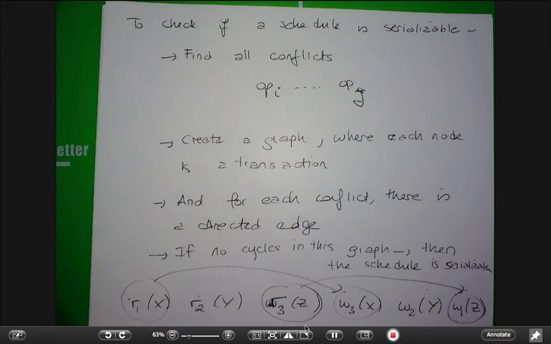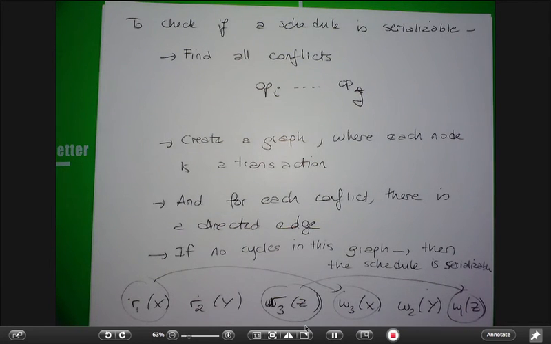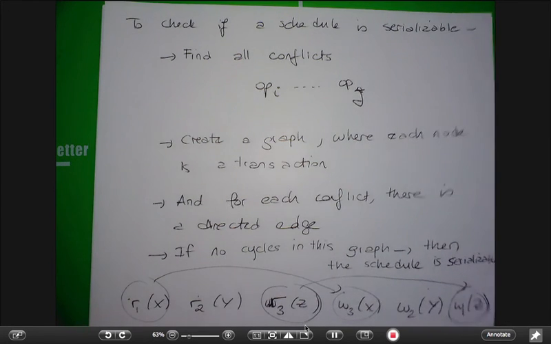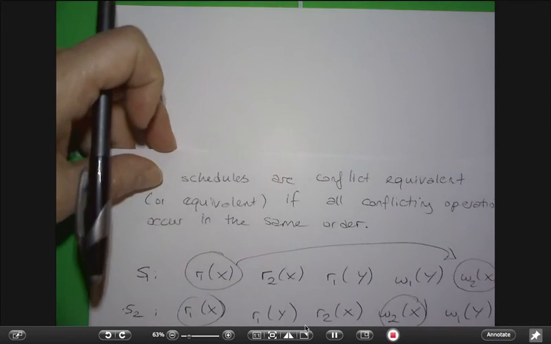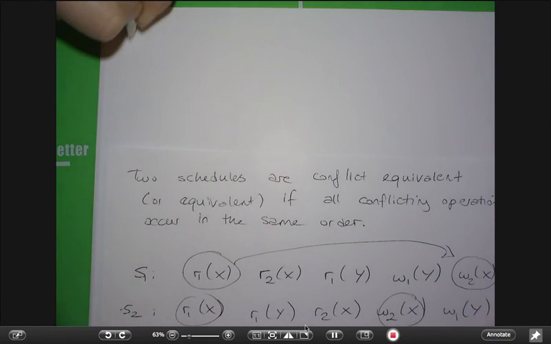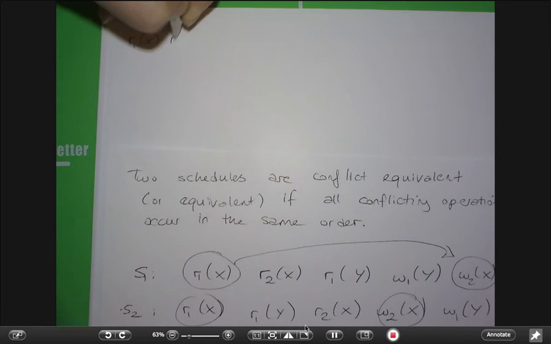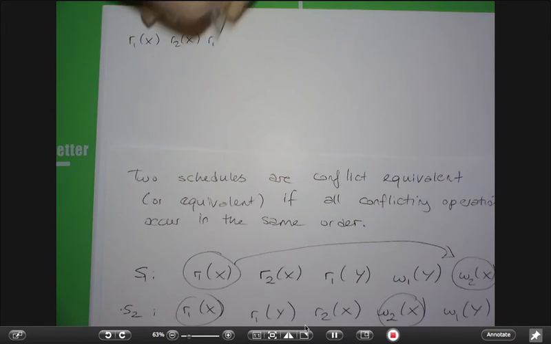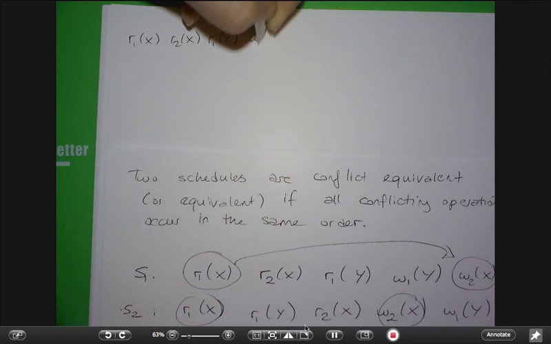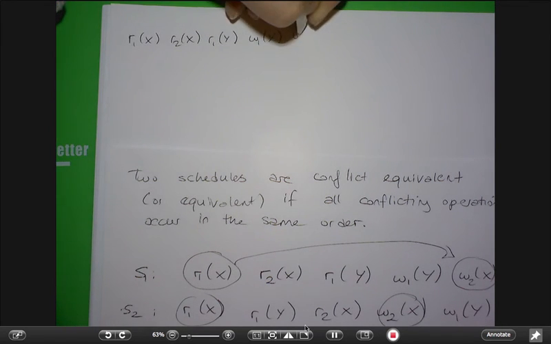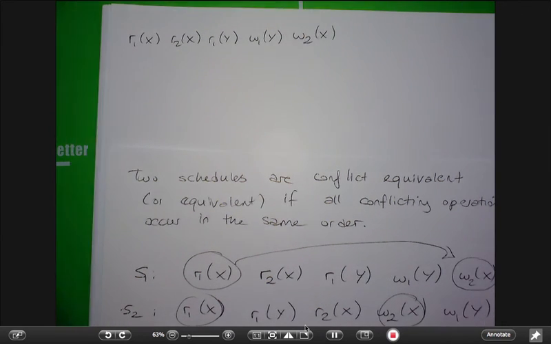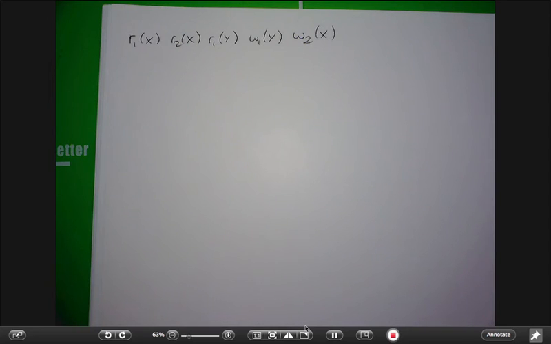So going back to the one that we had before, let me write one more. So I had this one: R1 of x, R2 of x, R1 of y, W1 of y, and W2 of x. This was for sure serializable. And I look at all my conflicts.